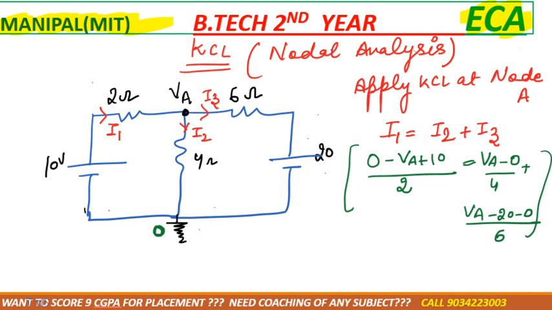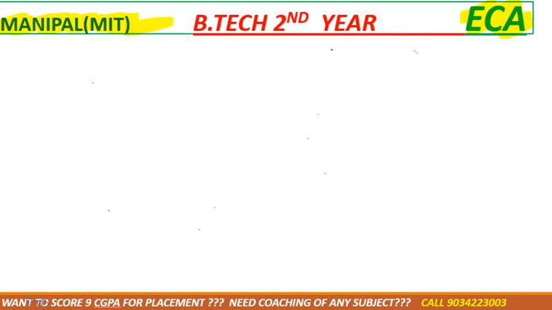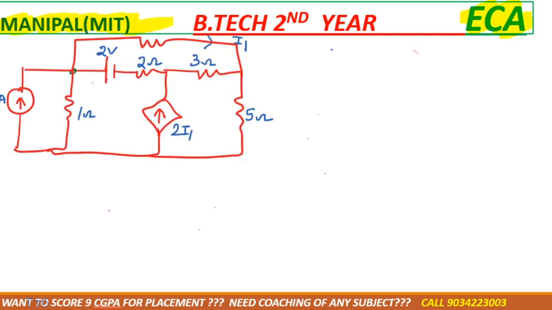But this time you will get a nodal analysis question using a dependent source also. So now I'm directly telling you the nodal analysis question based on a dependent source. Okay, draw the diagram. Suppose this is the case.